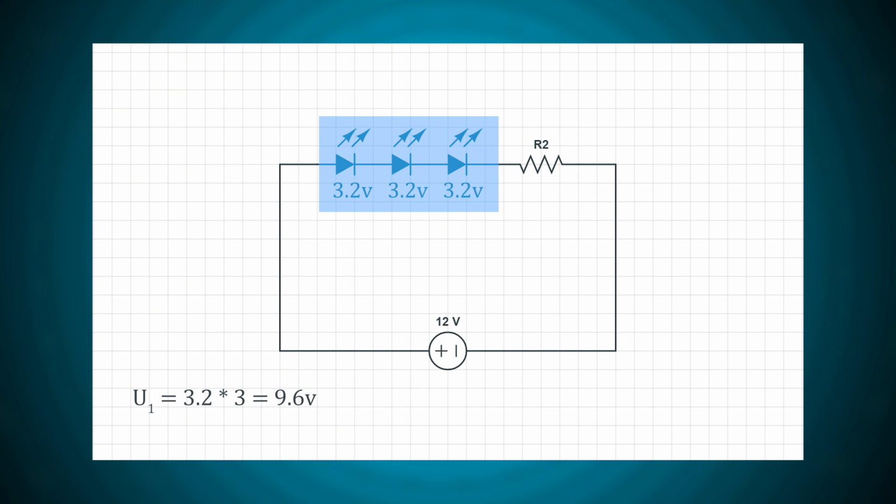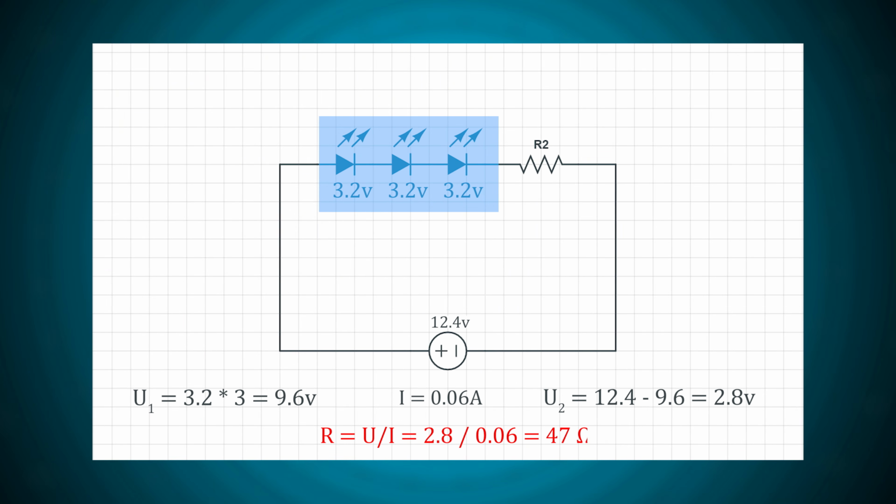As our power supply voltage is 12.4 volts, the voltage drop across the resistor will be 2.8 volts. Current strength is 60 milliamps. R equals U divided by I. 2.8 divided by 0.06 is 47 ohms approximately.